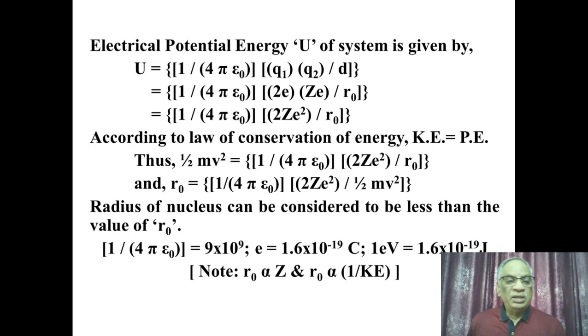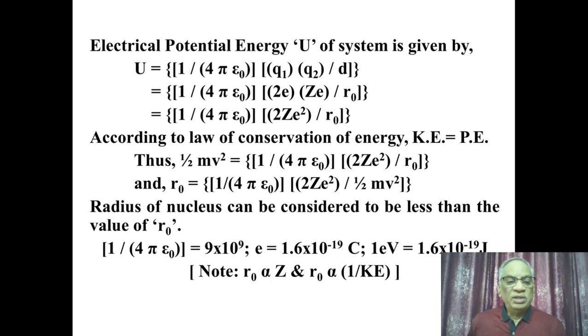In the present case, the electrical potential energy of this system becomes (1/4πε0) × (2e)(Ze)/r0, where 2e is for the alpha particle and Ze is for the element under consideration, and r0 is the distance of closest approach. So that becomes (1/4πε0) × 2Ze²/r0.